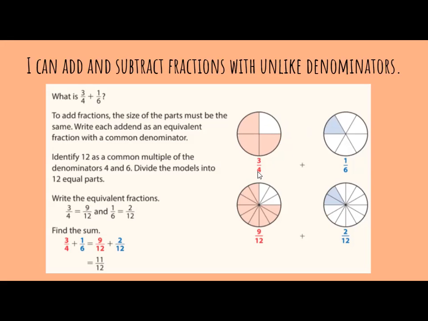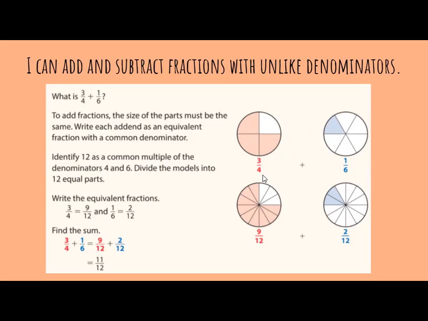So if we look at our denominators, 4 and 6, we have to find a common multiple of these two numbers. Well, if we list our multiples of 4 and 6, 12 is our common multiple of these two denominators. So we can take both of these models and divide them into 12 equal parts.